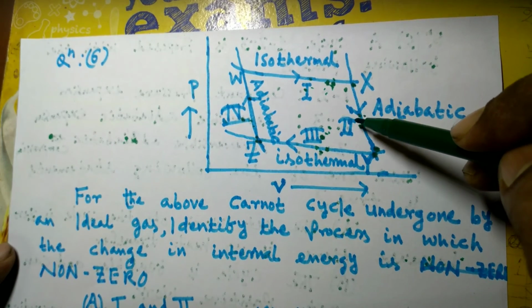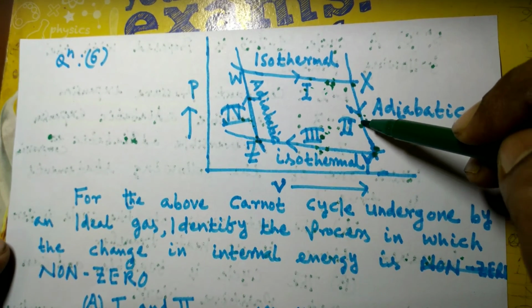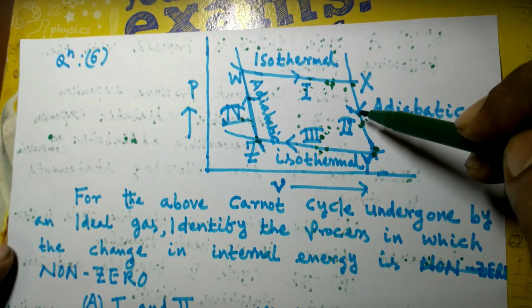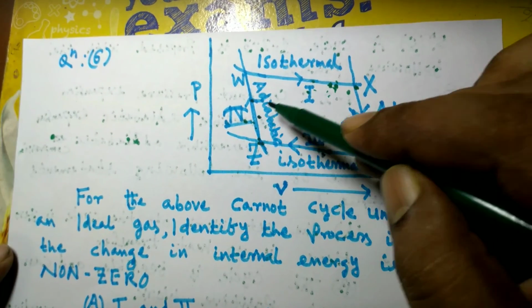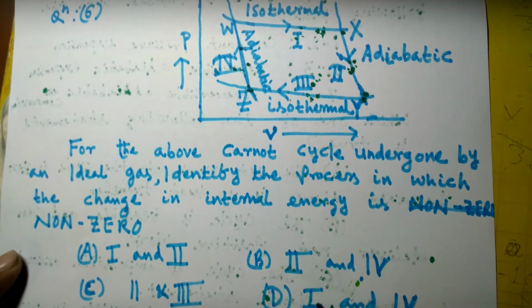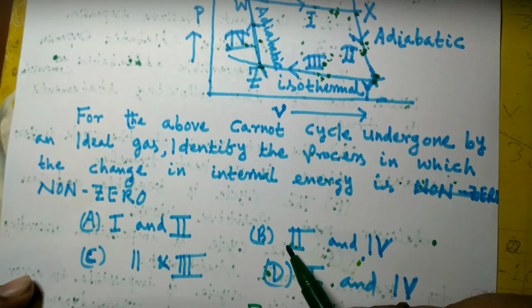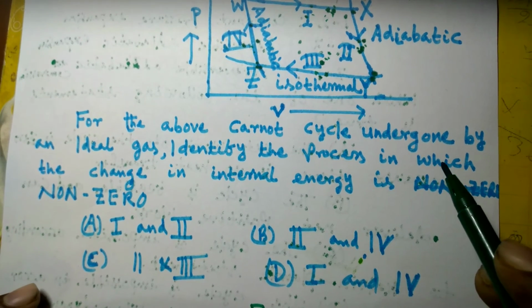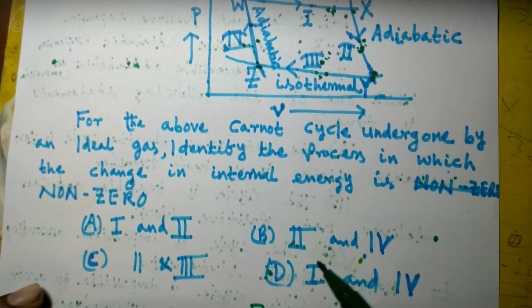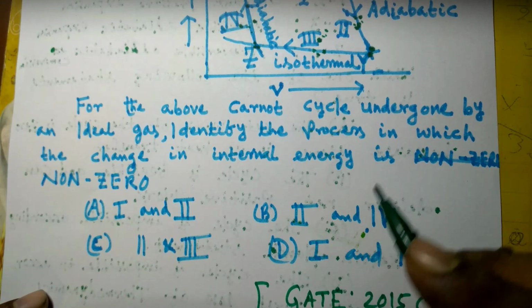So the change in internal energy is non-zero for processes 2 3 and 4 1. Those are adiabatic. For isothermal processes, the change in internal energy is always zero, or internal energy remains constant, especially for an ideal gas.